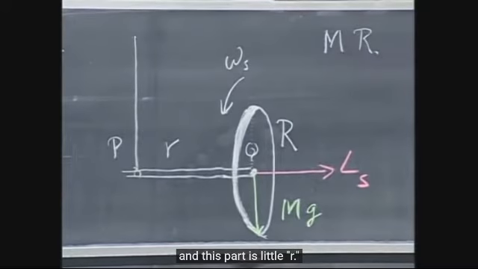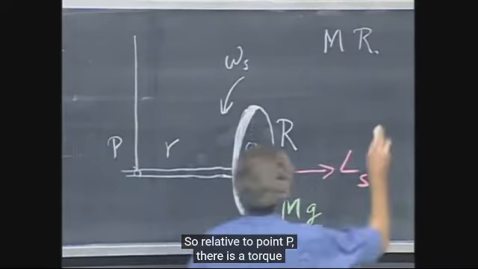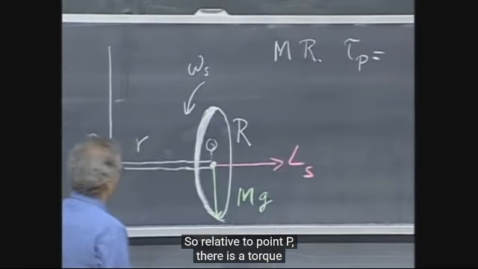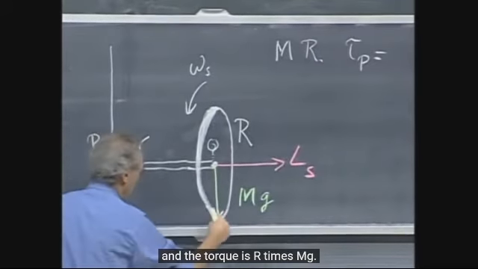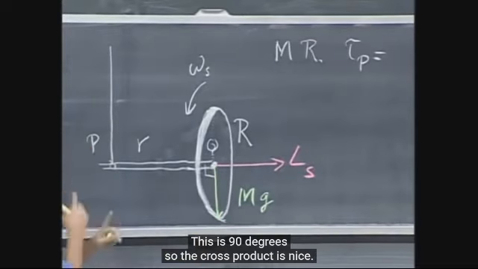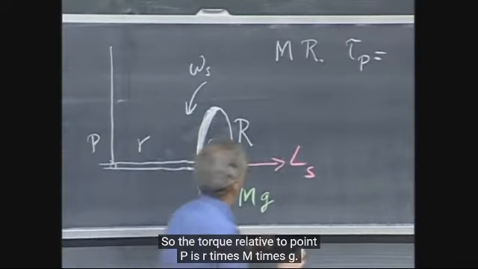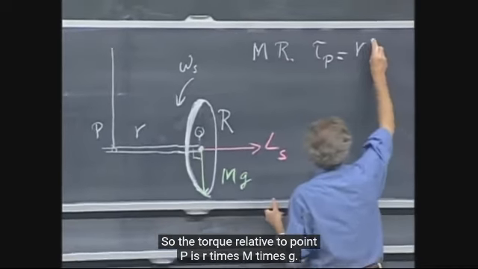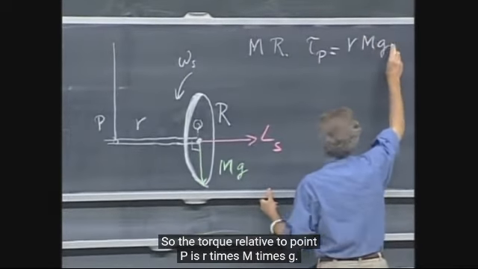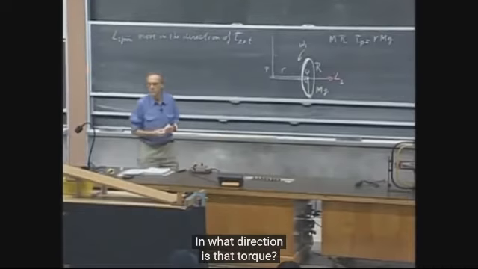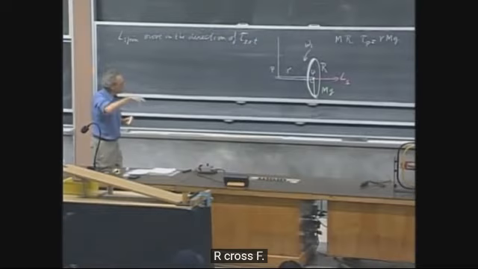So relative to point P, there is a torque. And the torque is R times mg. This is 90 degrees, so the cross product is nice. The sine of that angle is 1. So the torque relative to point P is R times m times g. In what direction is that torque? R cross F. In what direction is that torque?